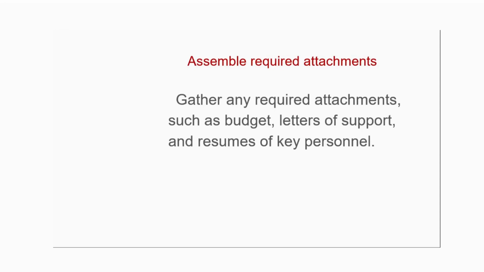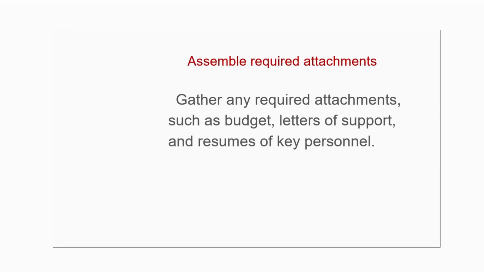Then assembling the required attachments is also another aspect. So you should gather any required attachments. This may include budgets, letters of support, and resumes of key personnel. In terms of letters of support, you might have recommendation letters from supervisors.